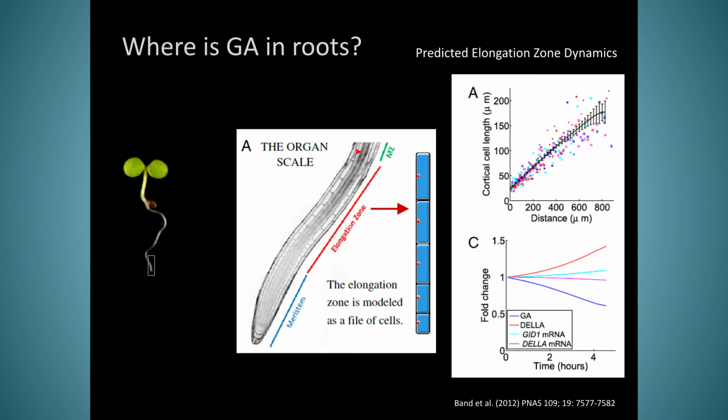So in other words, showing this graphically, from 0 at the start of the elongation zone, you'd see a falling of GA and an increasing DELLA, and that would create this slowing of growth rate at the end of the elongation zone.